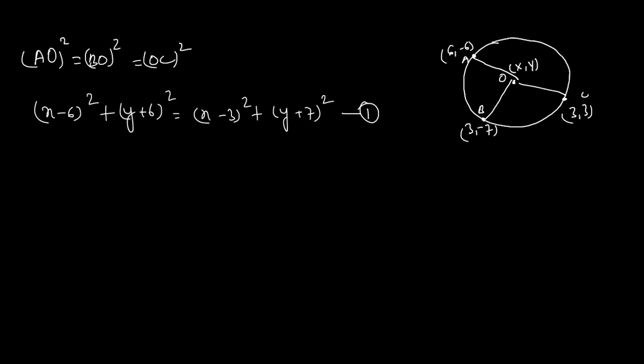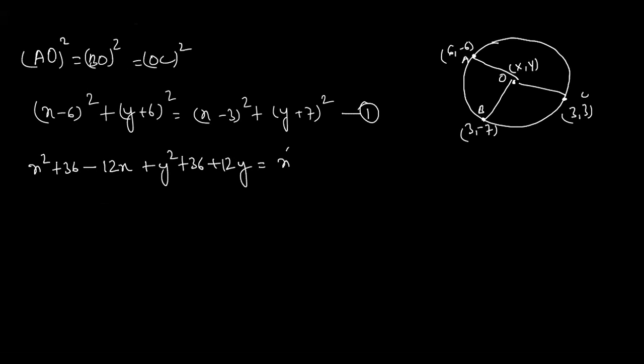So let me solve this one. The x square plus 36, minus 2ab, means 2 into 6 into x, minus 1, so this will be 12x. In the similar way, you can write y square plus 36 and then plus 12y.